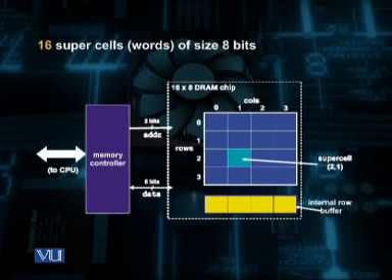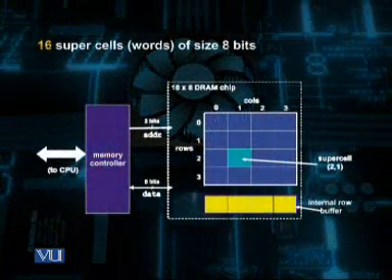These 16 cells have been organized here in 4 rows and 4 columns. Now, at each position, there is one cell of 8 bits in size, and we call this cell a supercell. Each supercell can be identified by its location in terms of the row number and the column number.